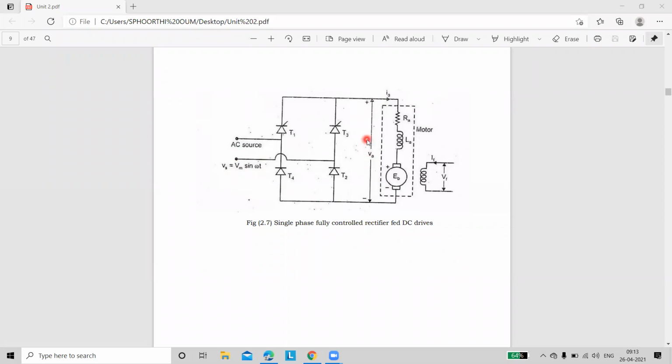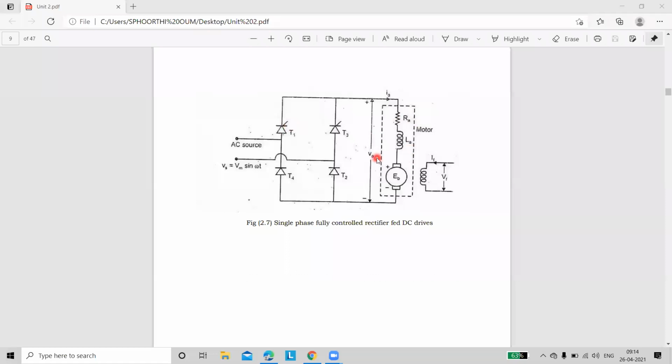Why? Because from the output of the rectifier, we connect a DC motor. Here Ra and La are the armature resistance and armature inductance. We connect the DC motor because from this full wave rectifier, you have to drive a DC motor.